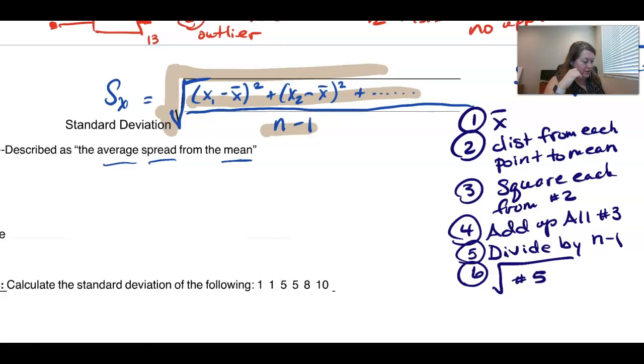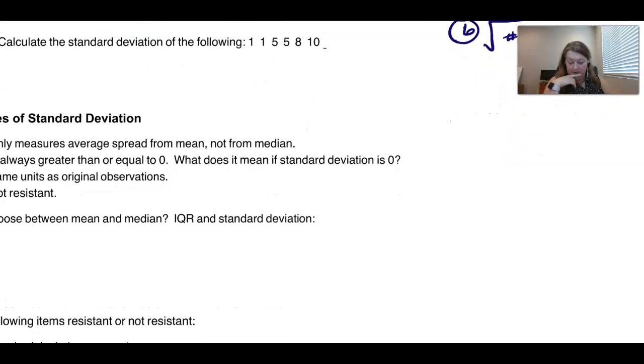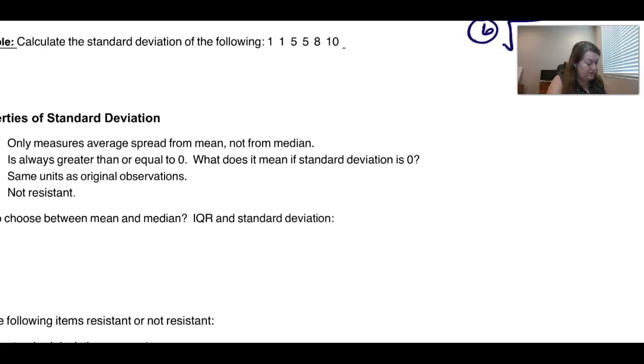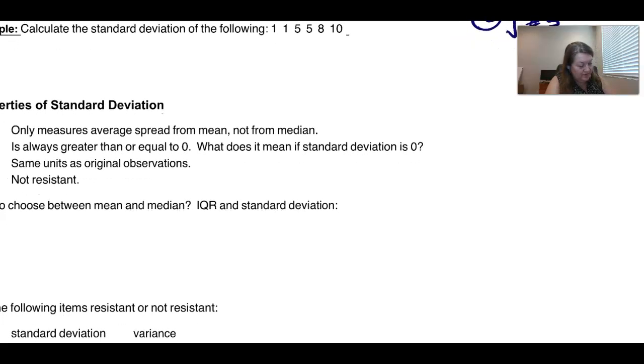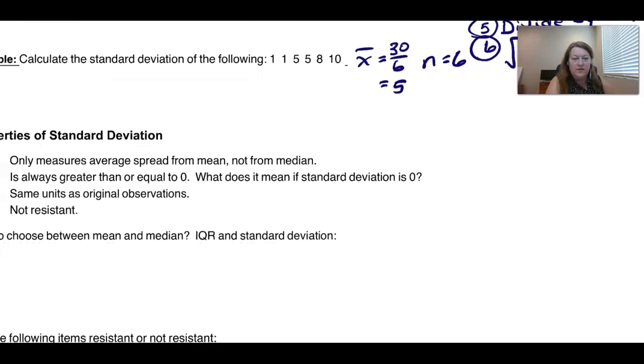We're going to go and calculate the standard deviation for this one right here. I'm just going to start off right away with each one of these numbers. I know the mean is, let's see, how many are in the list. I have 10, 20, 30. 30 divided by 6, we have a mean of 5. Let's start putting those into the formula.